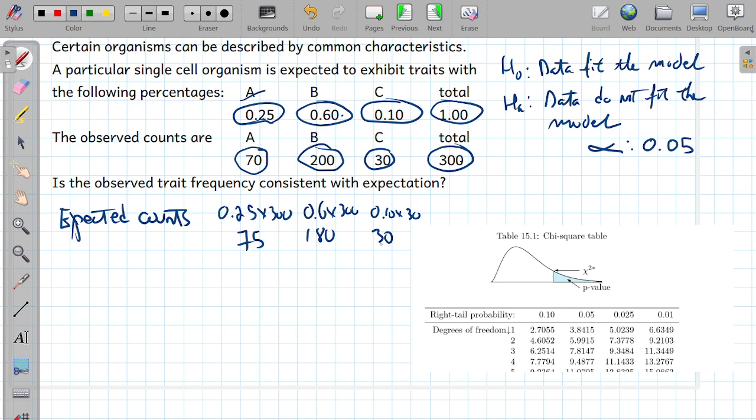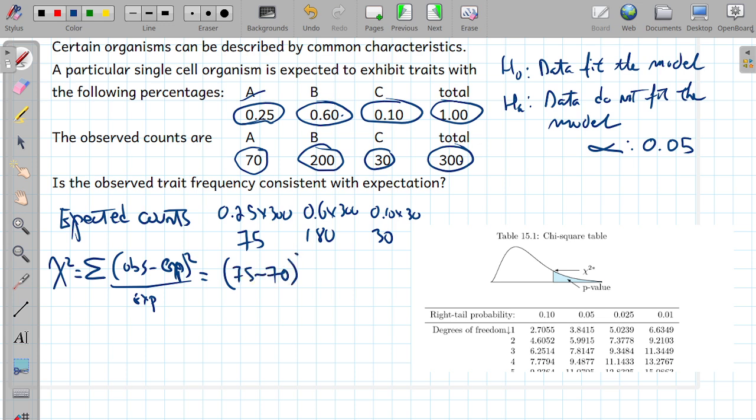Let's calculate chi-square. I didn't put the formula on here, I didn't have enough room, so I'll just write it here. Chi-square is the sum of the observed count minus the expected count, squared, and we divide by the expected count. We have to do that 3 times. So here we have 75 minus 70.